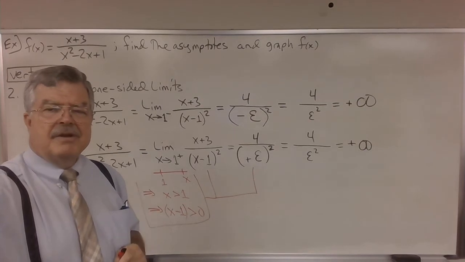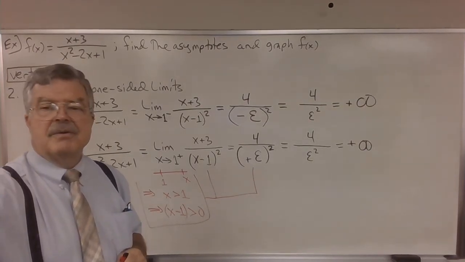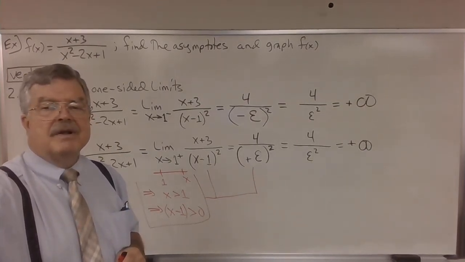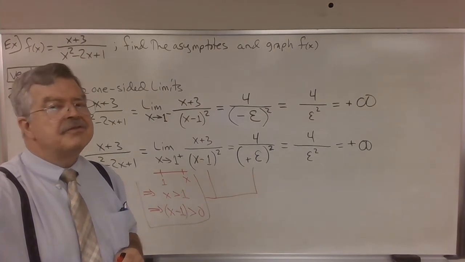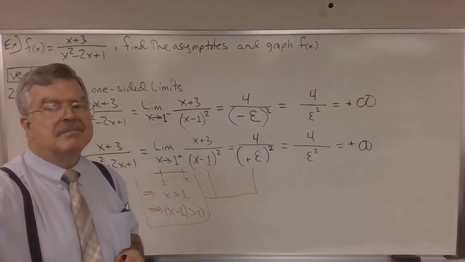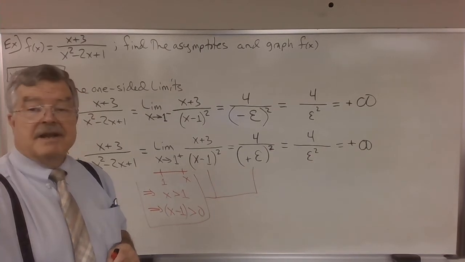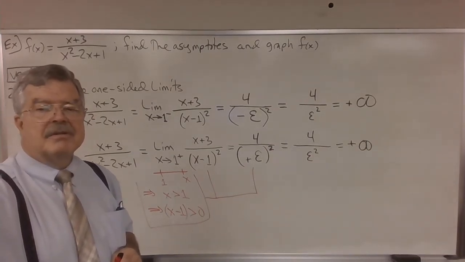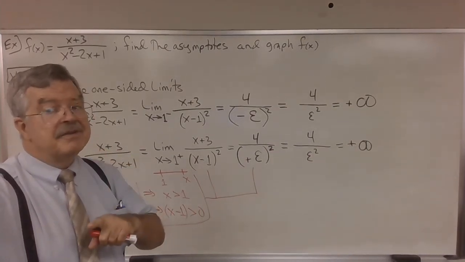I'll know that x equal 1 is a vertical asymptote if the one-sided limits, what? The one-sided limits equal infinity?